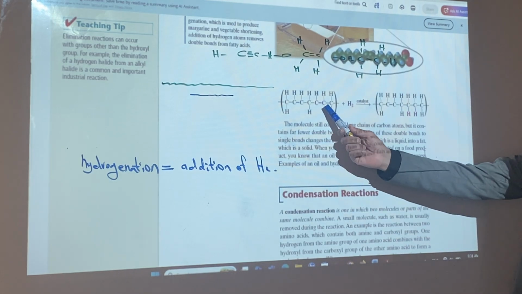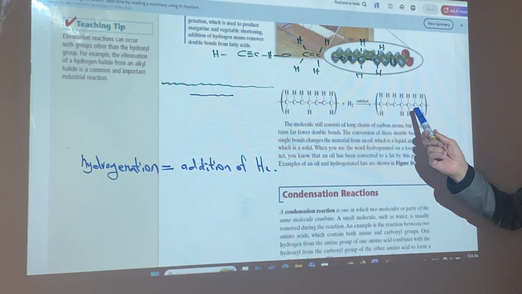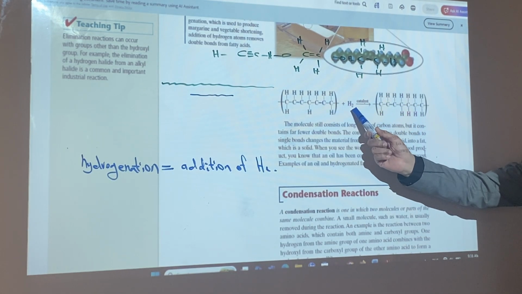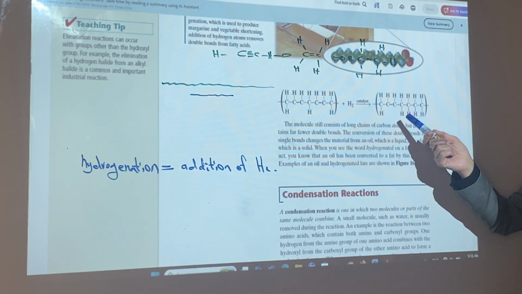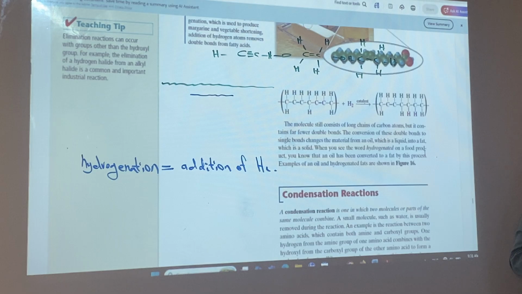Here you see that we have a double bond changed to a single bond. This is the addition of hydrogen. This reaction is called hydrogenation. This reaction occurs in vegetable oils to change them from liquid to solid.